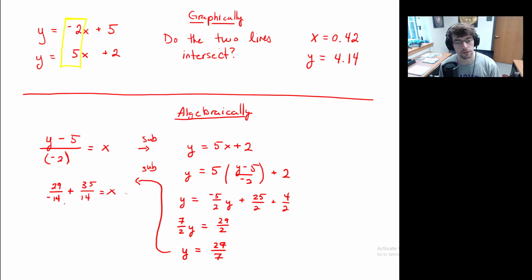So again, we have this negative 29 over 14, and then we have plus 35 over 14. So we go ahead and work our little magic, and we get something like 6 over 14 equals x. You can see that's a little less than half, or 3/7. And boom. No surprise there.